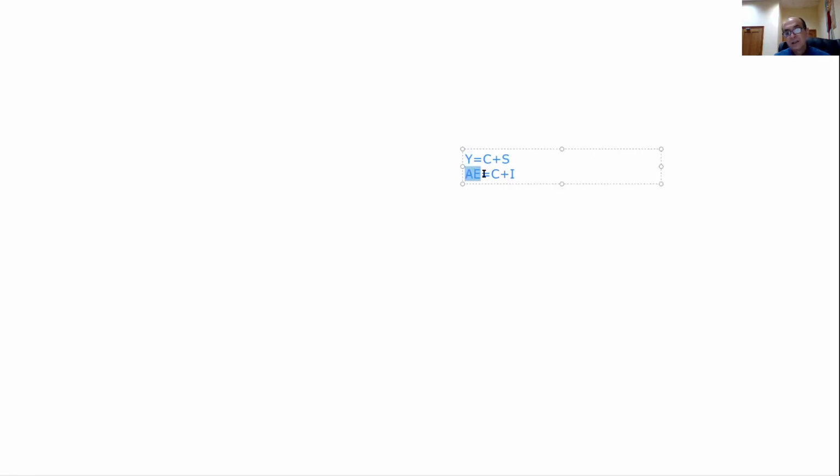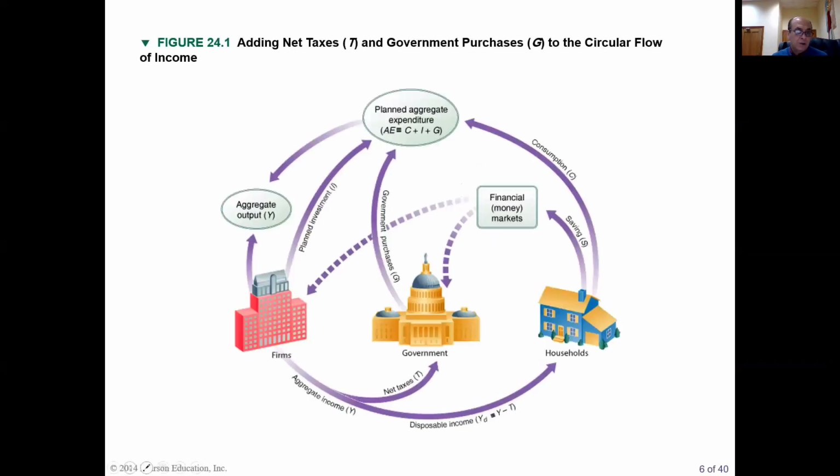In this case, we can determine the equilibrium point: Y must be equal to aggregate expenditure, or I equal S. And this is the equilibrium point according to an economy that consists of two sectors. Let's return back to our chapter right now to determine the equilibrium point in three sectors.